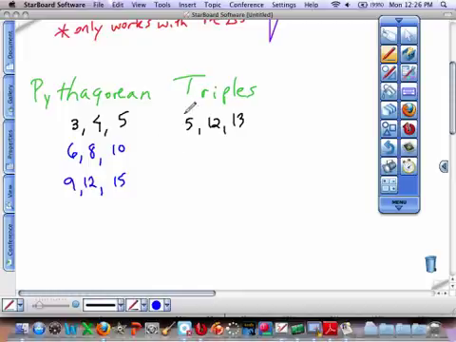So what would be an example of a family for 5, 12, 13? 10, 24, 26. Okay, what else? 20, 48, and 52. Yeah, 52, right? Let me get one more for 5, 12, 13.